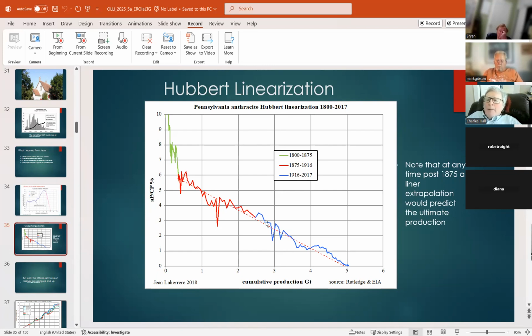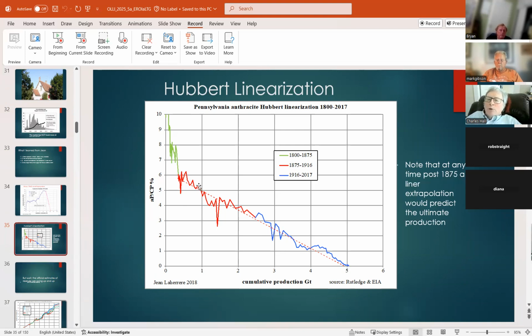And if you extrapolate that, it eventually goes to the total amount of oil, or in this case, coal, you produce from a particular field. And you get an idea of the slope way back. So early in the depletion of a field, you can get an idea of the total.